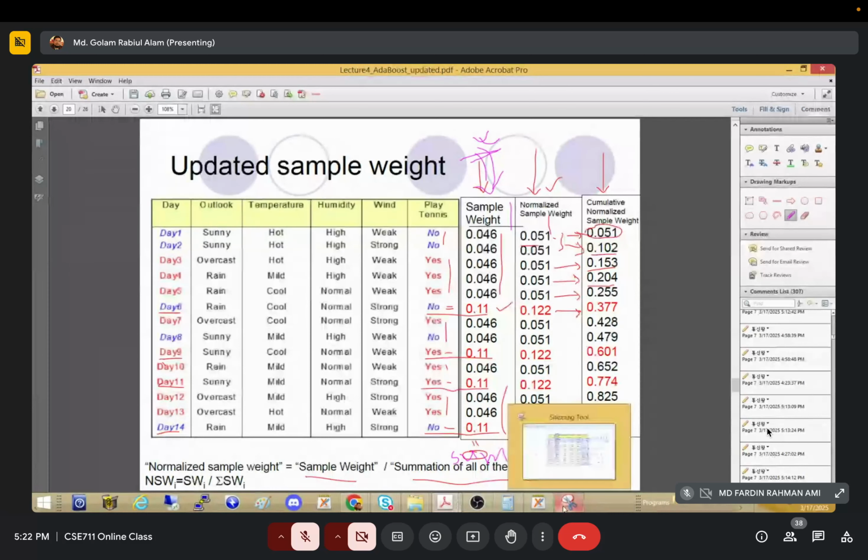That is the sum of the weights of all the samples, sum W.